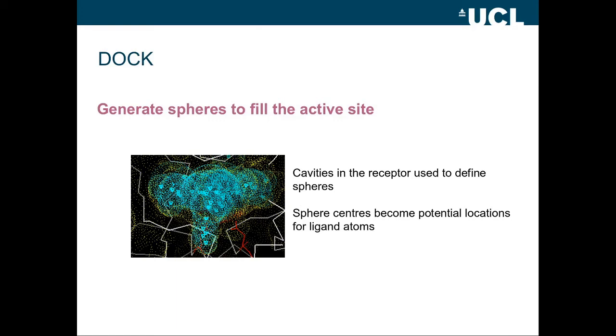You could do that several times and they might end up in somewhat different places each time. The centres of each of those ping pong balls then become potential locations for the ligand atoms. Consequently, the next problem becomes, how do we fit our molecule onto those sphere centres?